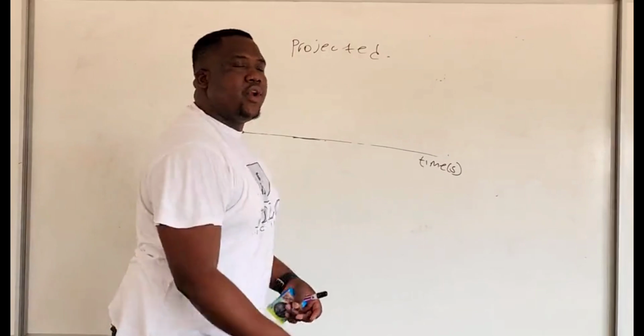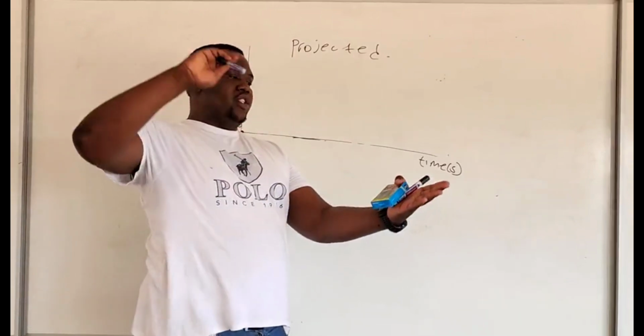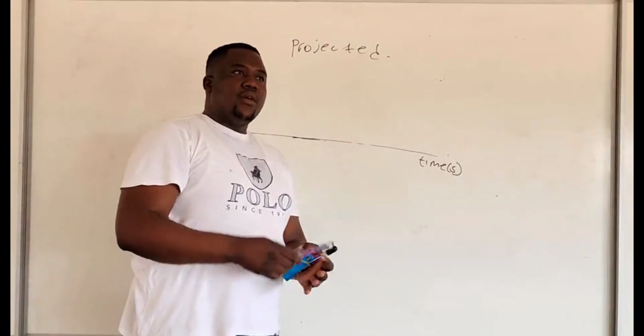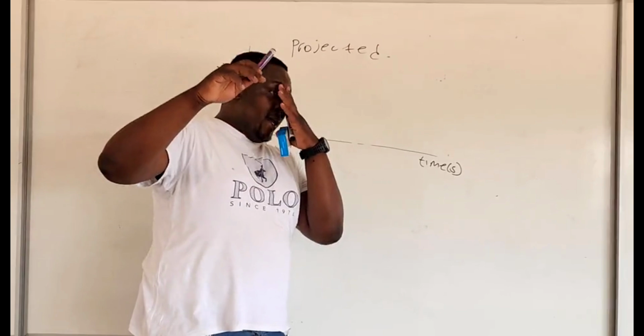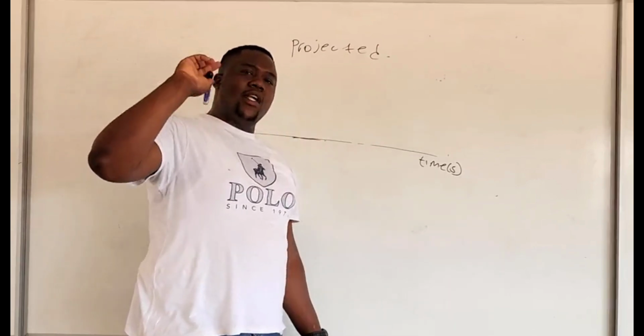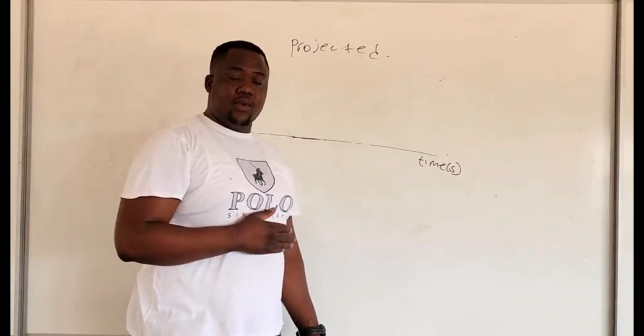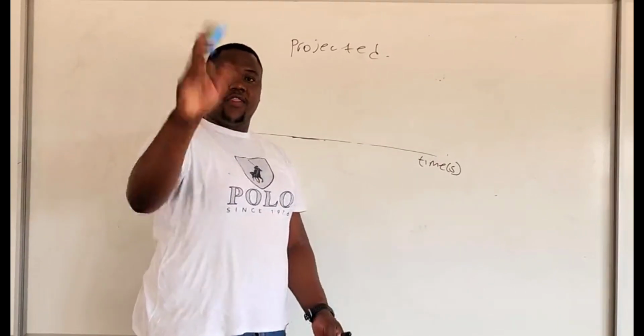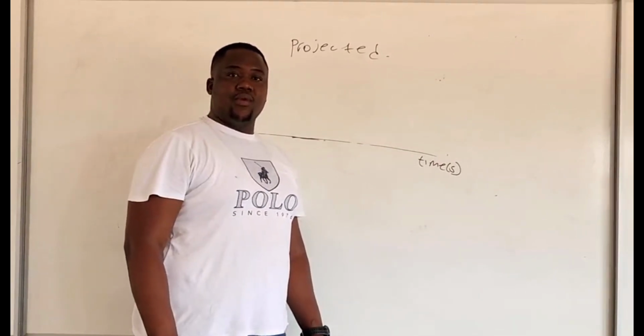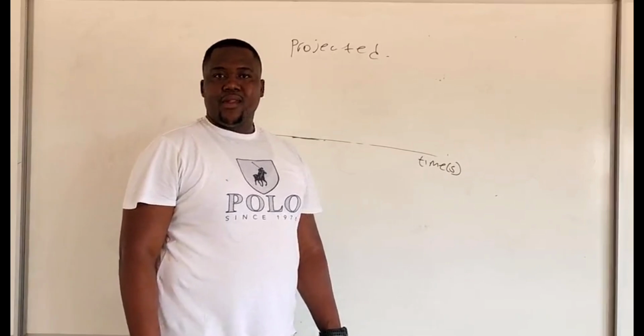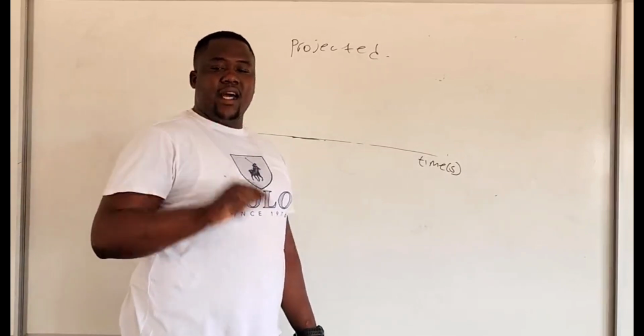If I throw this object, its initial velocity was not zero. Look at it. If I throw that object, you saw the object was coming towards you. I projected that object.